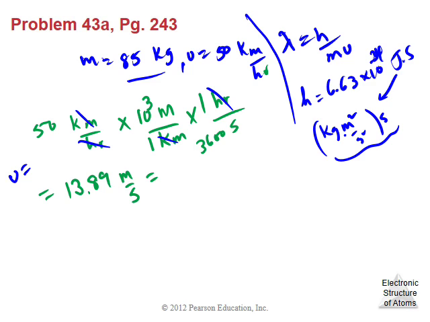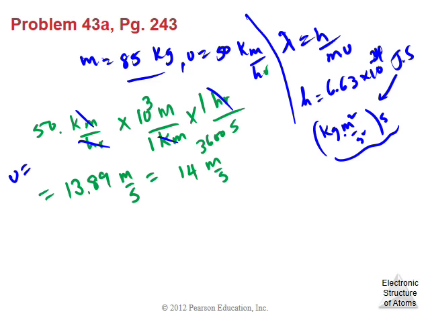Since we're dealing with 50 kilometer per hour, that means there are only two significant figures. If we pay attention to that, we can round off to two significant figures, and we can write it down as 14 meter per second.